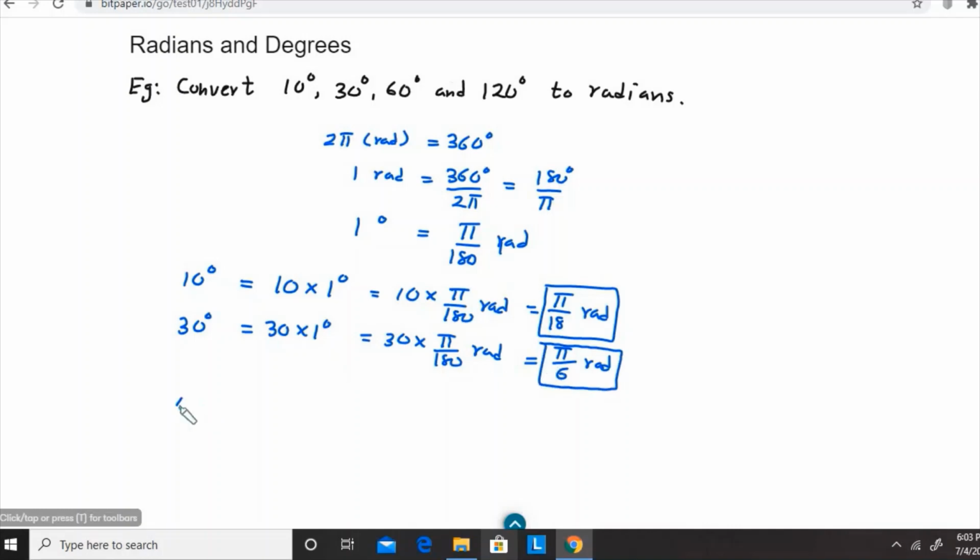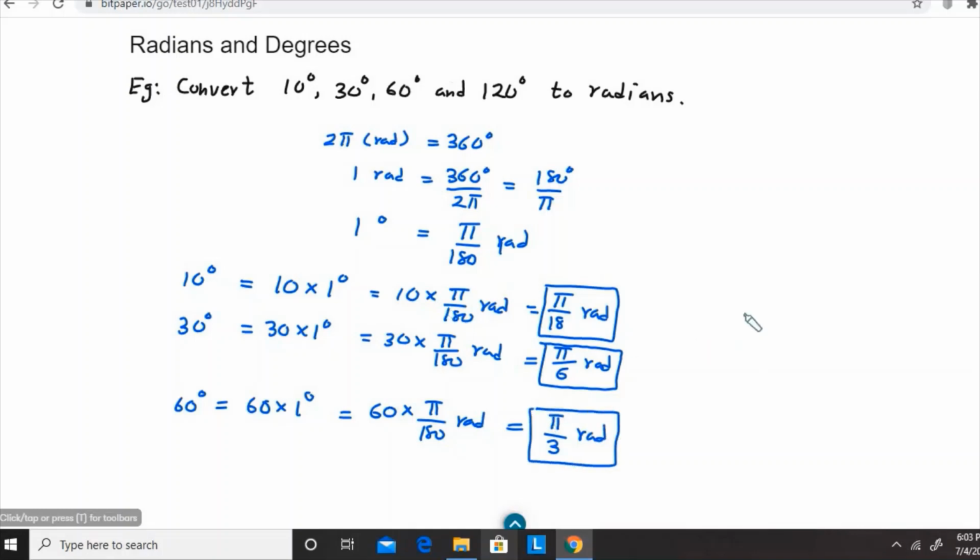And then 60 degrees, again 60 times 1 degree, 60 multiplied by pi over 180 radians, and when you simplify this you get pi over 3 radians.